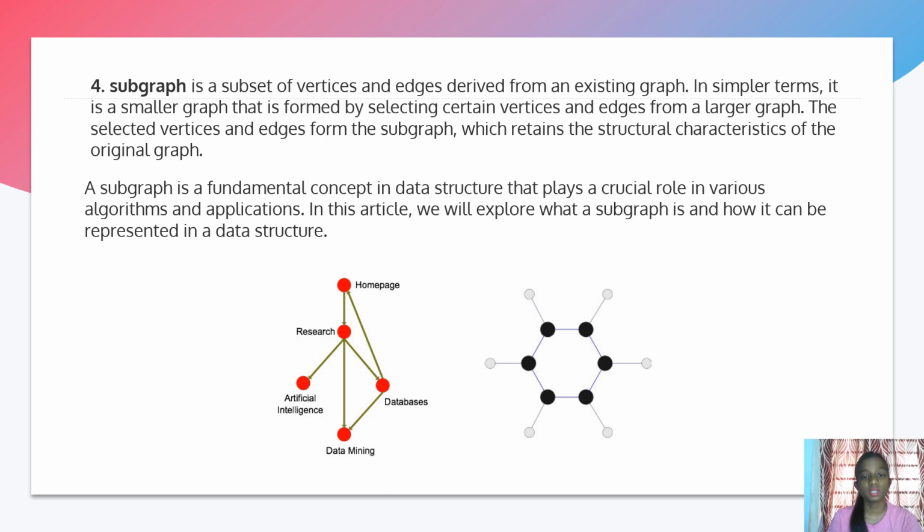Graphs are a fundamental concept in data structures and play a crucial role in various algorithms and applications. In this article, we will explore what a subgraph is and how it can be represented in data structures. These two are the subgraphs you can see, consisting of homepage, research, artificial intelligence, databases and data mining.